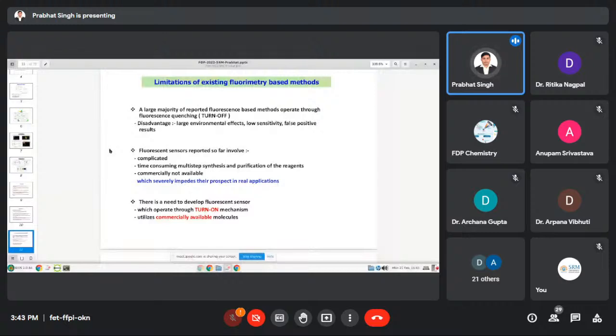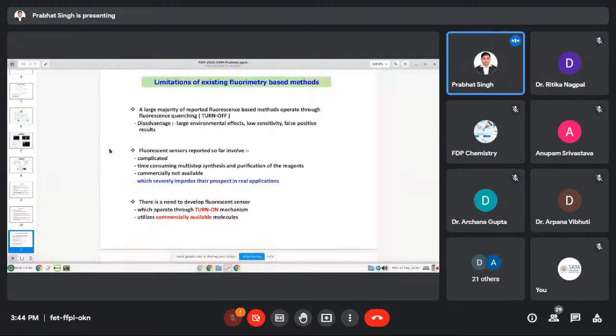So what we believe, and this idea has been there for some time in the literature, is that for a real application, if you can manage with molecules which are already established, which are already commercially available, then of course you sometimes have to compromise with, let us say, sensitivity or selectivity.